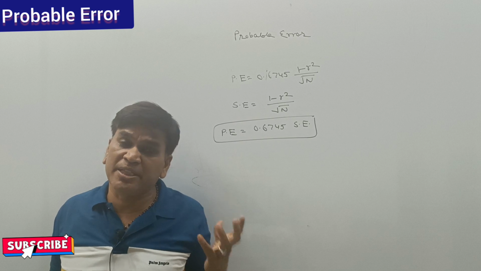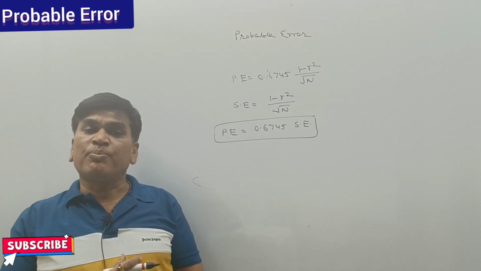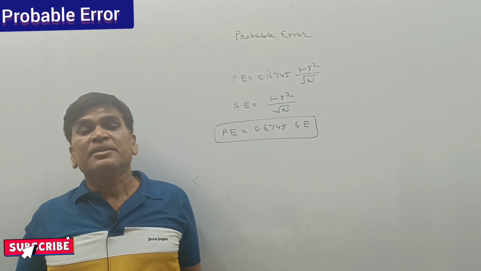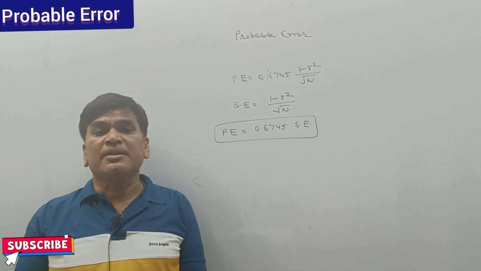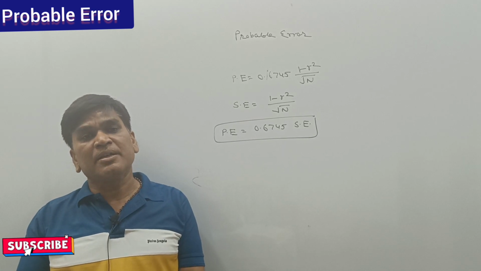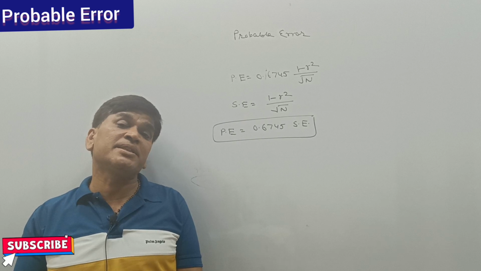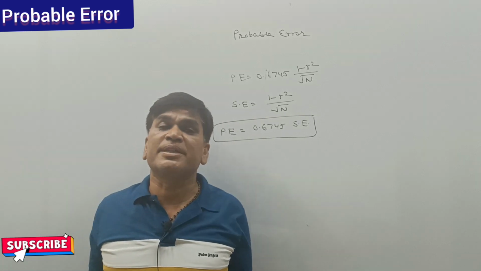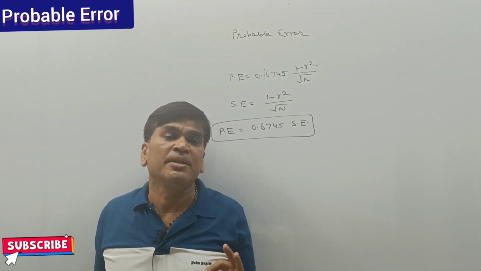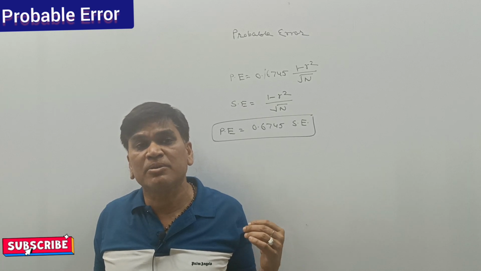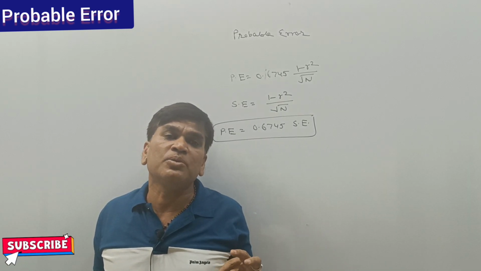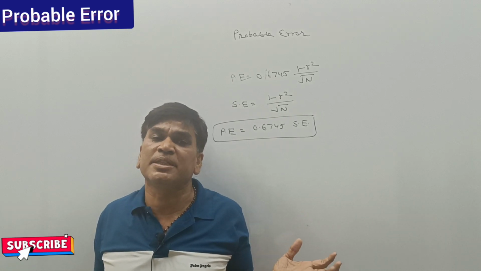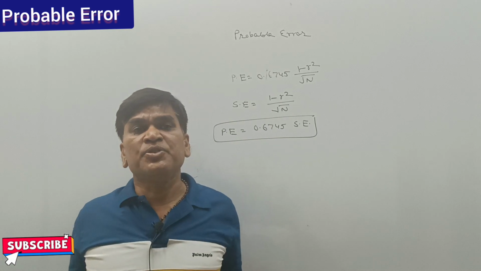If two series are given, and the number of items and value of correlation of both are given, then with the calculation of probable error, we can say which series or which correlation is more significant. So in today's video we will discuss how to calculate probable error, how to calculate if PE is given, how to calculate the value of N, and how to compare two series with the use of probable error.